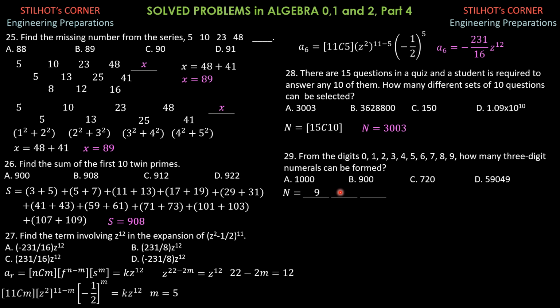But on the next positions, because these are 3-digit numerals, not different, the digits can be repeated. And there are 10 available digits here, 0 now included. So 10, then on the next position, 10 also. So 9 times 10 times 10, from the fundamental principle of counting, is 900.